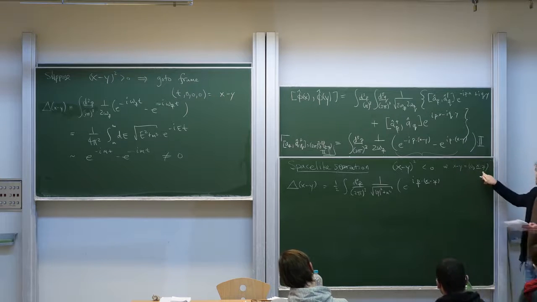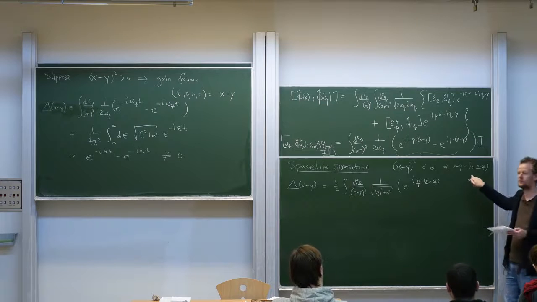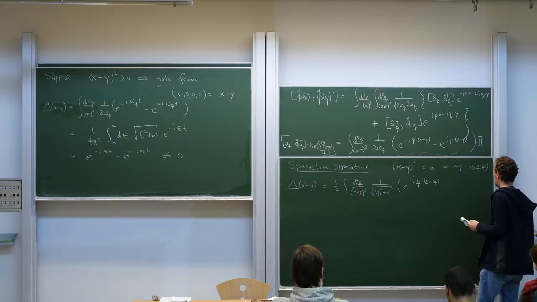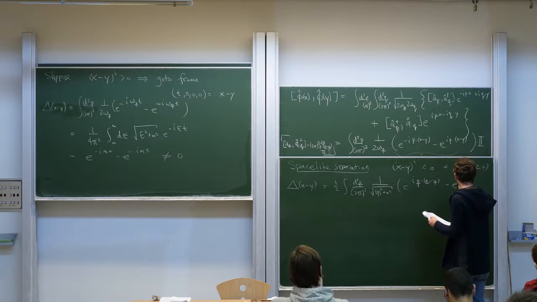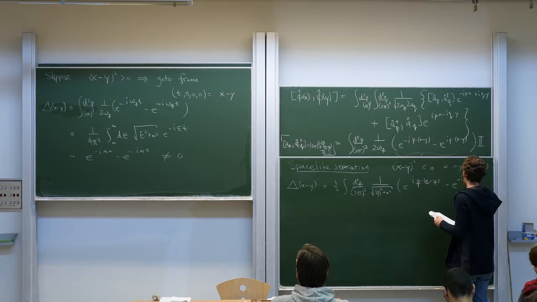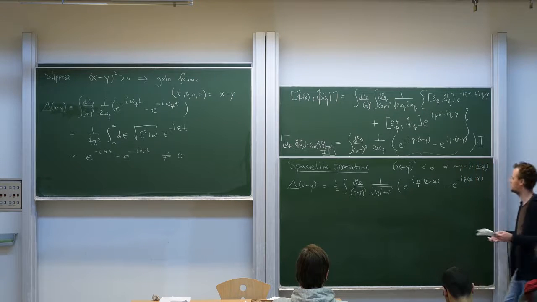So we go to the frame where the difference between x and y is purely space-like. And then this integral here becomes, let me get the minus signs correct, minus ip dot (x minus y), like this.